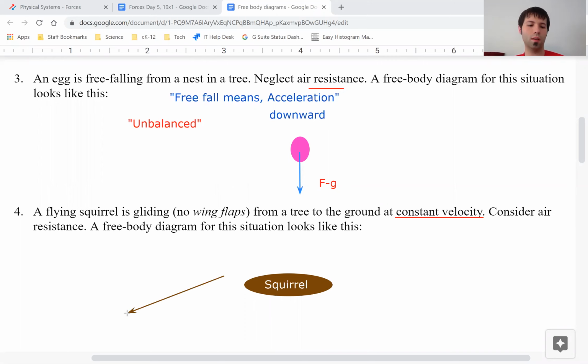We don't really know. He's going some way. But the important thing, the reason I underline constant velocity, is because remember, constant velocity is a condition for a balanced situation. So we know that in this situation, our forces are balanced.